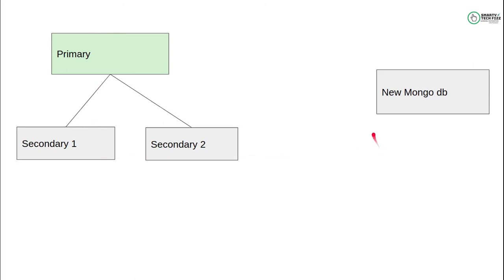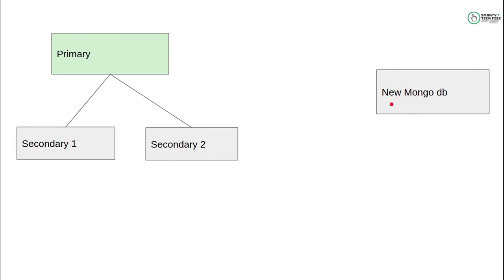For this MongoDB server, firstly you need to convert it so that it is in replica set mode. Because if it is not in replica set mode and you want to add that member, it will not be configured as a replica set member and will not be able to do the activity supported by the replica set, and obviously it will not allow you to do it without changing it to a replica set member.